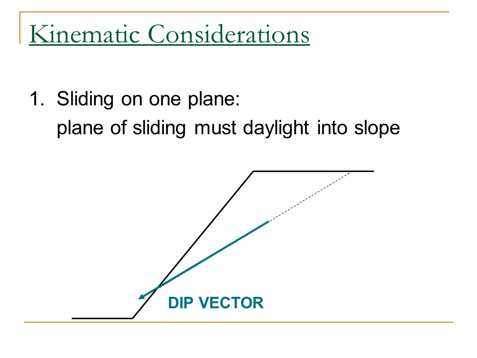And here we see the plane of sliding being represented by the dip vector, or the steepest vector on the potential sliding plane, and that dip vector must daylight into the slope, as you see here. And that's a fairly straightforward depiction, but if the dip vector was pointing the other way, we would know that the potential sliding mass would not be kinematically admissible if it was pointing to the right instead of to the left. It just could not move.